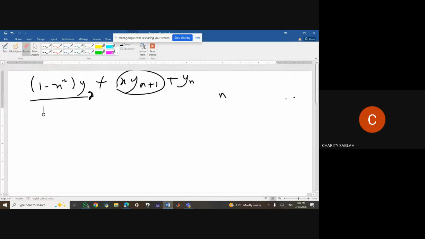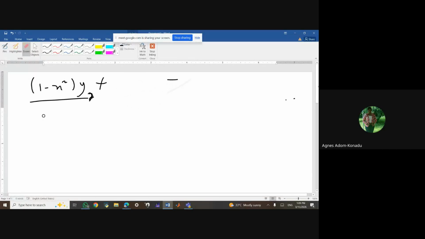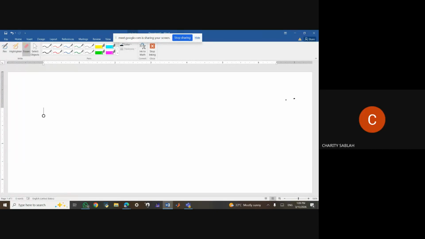But we are finding the nth differential. Has he learned from anywhere how to find the nth differential of a function? This is the nth differential. It's not the first differential, it's not the second differential. It is the nth differential, and the n that you don't know.